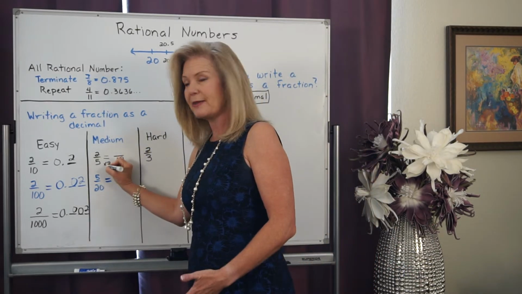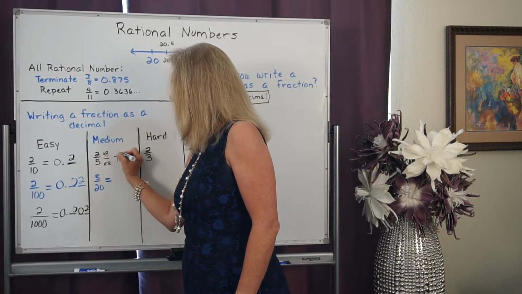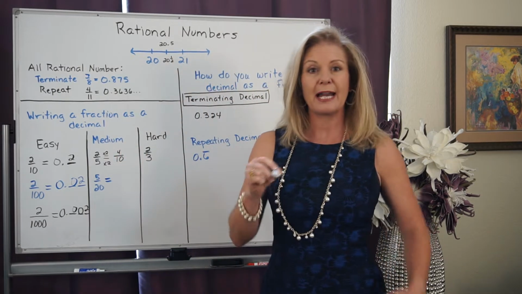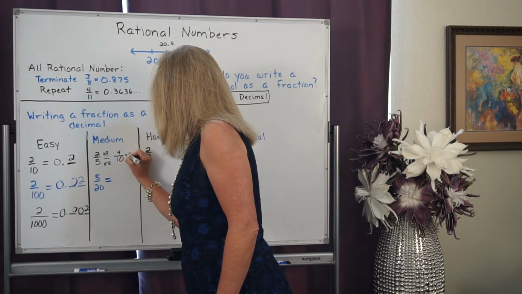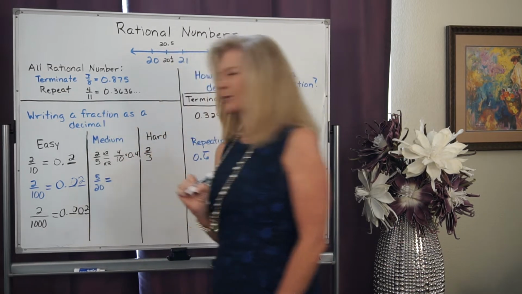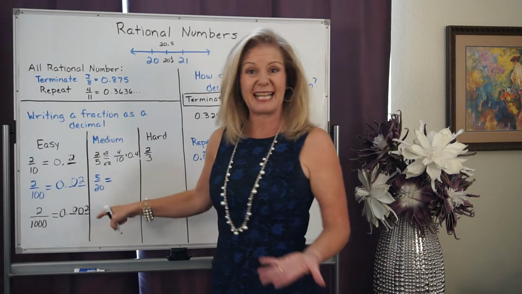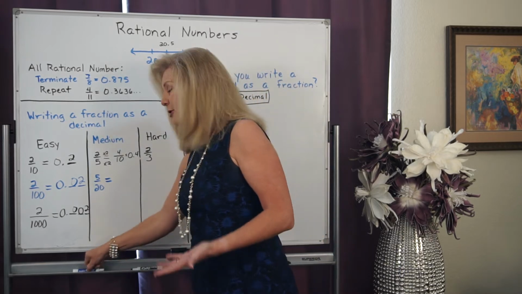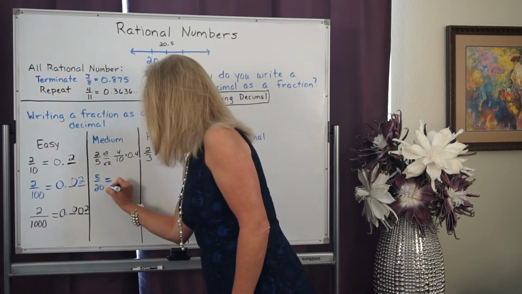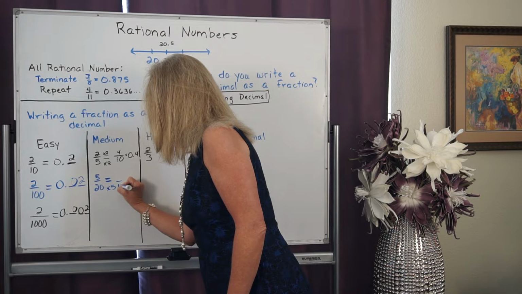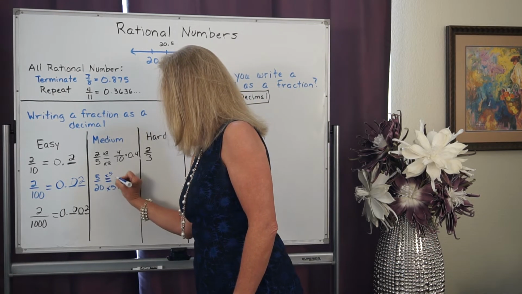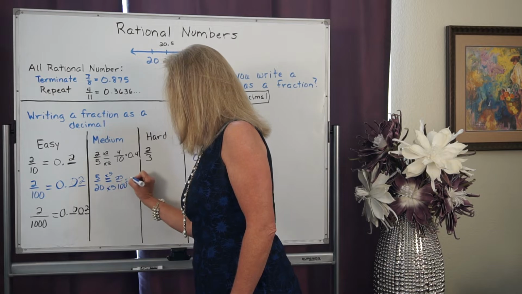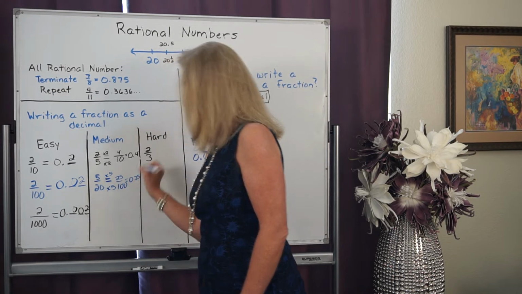And whatever I do on the bottom, I'm going to do on the top. So 2 times 2 is 4. Now I'm in a place where I can make it a decimal of 4/10. And if I have, say, 20, I know that 20 times 5 is 100. And whatever I do on the bottom, I do on the top. And I can easily change that into its decimal form.